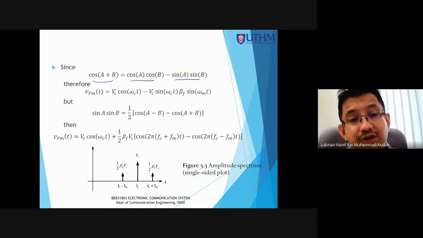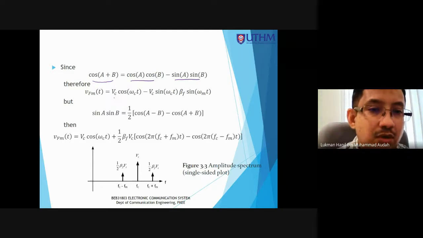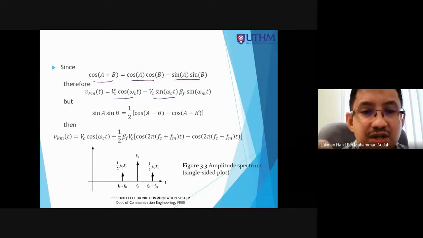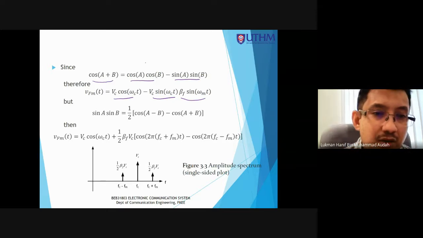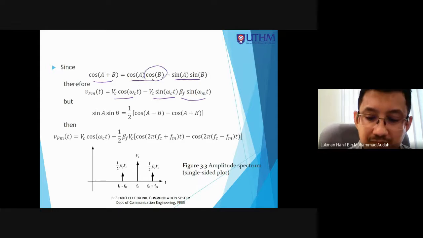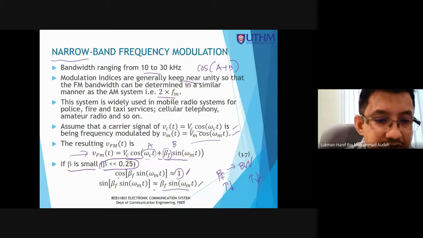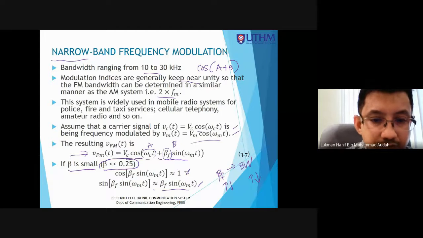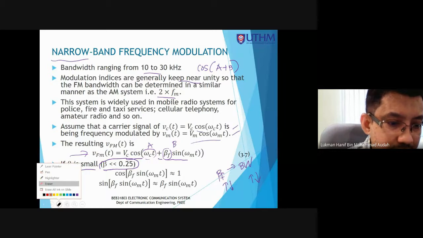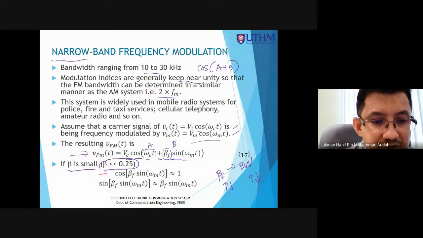So therefore, we can rewrite the equation to become Vc cos omega_c t minus Vc sin omega_c t beta_f sin omega_m t. Macam mana dapat benda ni? Okay. Kita lihat kembali cos A adalah Vc cos omega_c t. What is cos B? Cos B, cos of this yang pertama ini. Saya padam dia. So cos B is this one.